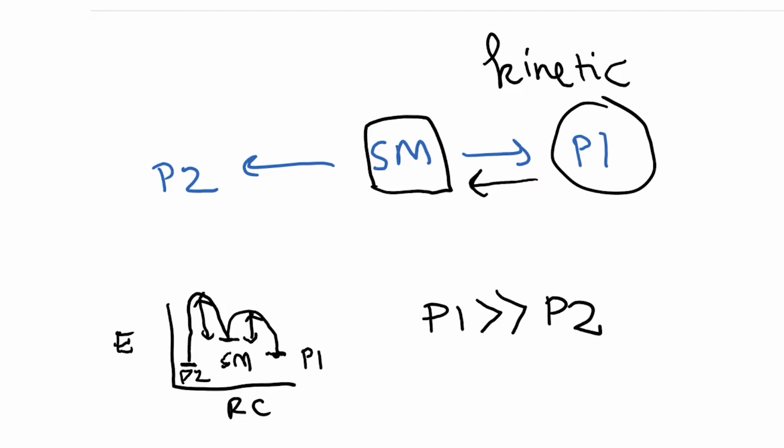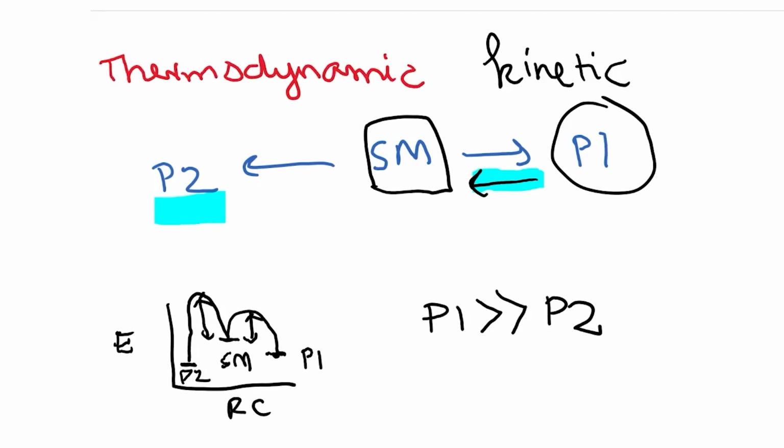If this reaction can also go in this direction, then the starting materials are formed again, and they're going to give you back P2. Okay, and this kind of product is called the thermodynamic product. And this thermodynamic product is usually fairly more stable compared to the kinetic product.